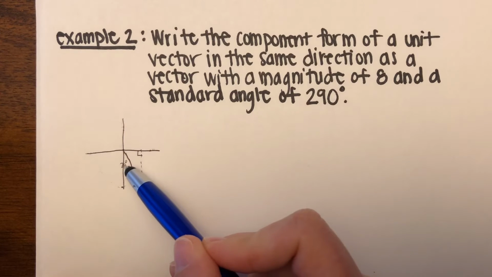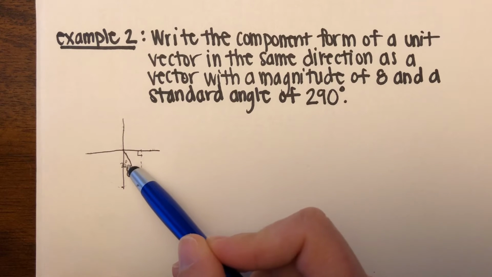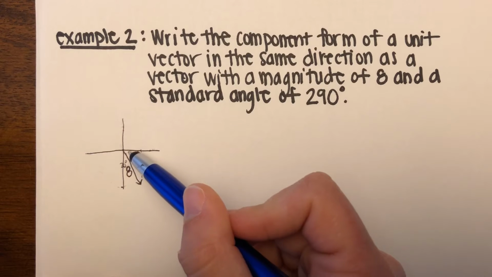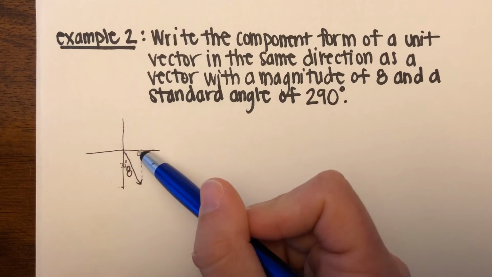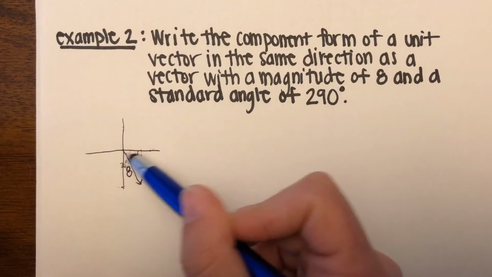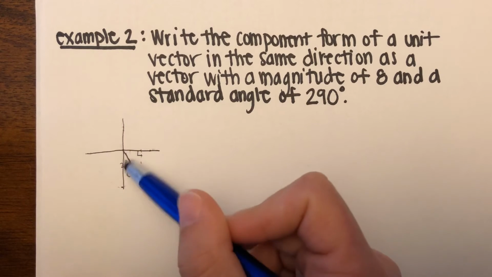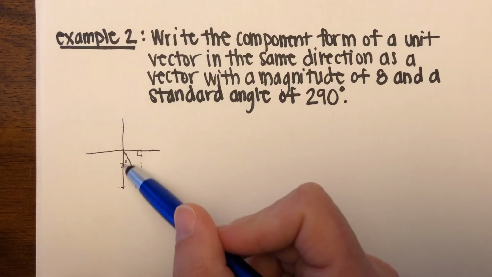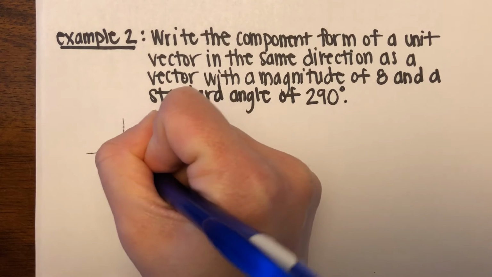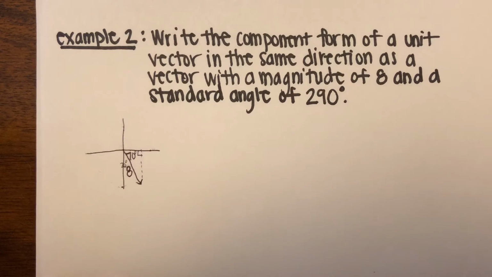And I know this angle outside of the triangle is 20 degrees. So if I wanted to find this angle inside the triangle, we know that the 20 degrees and this angle have to add together to be 90, because that's what this quadrant is, 90 degrees. So 90 minus 20 gives us this angle right here of 70 degrees.